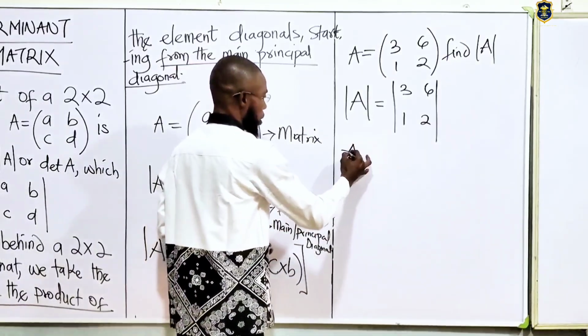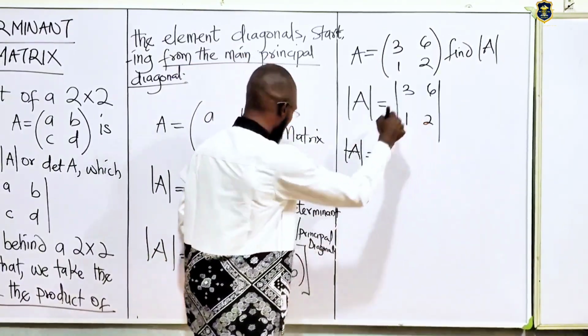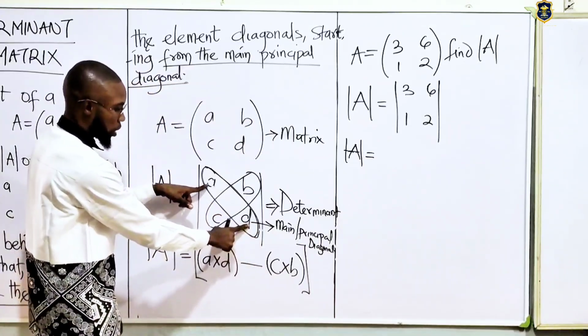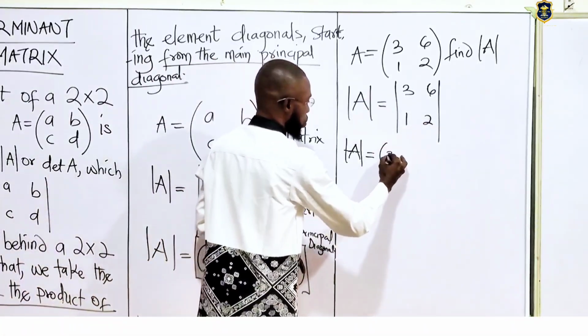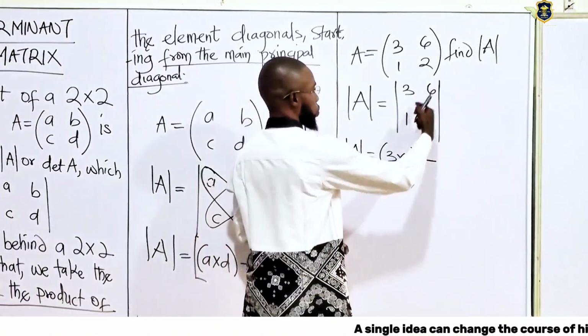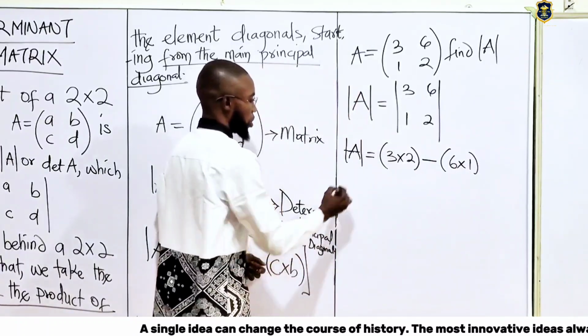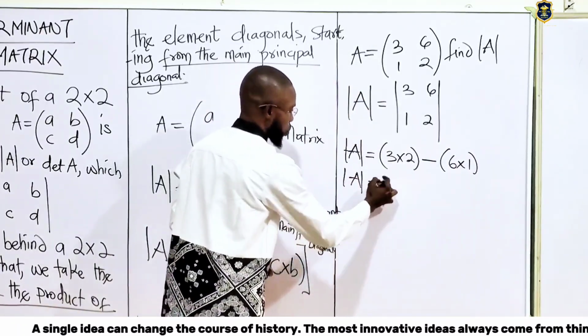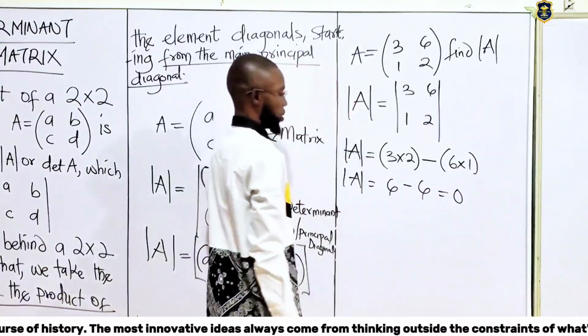Expanding, it becomes 3 times 2, because we multiply the main or principal diagonals first. That's 3 times 2, minus the other diagonals, minus 6 times 1. So that becomes 3 times 2 is 6, 6 times 1 is 6, that is 0.